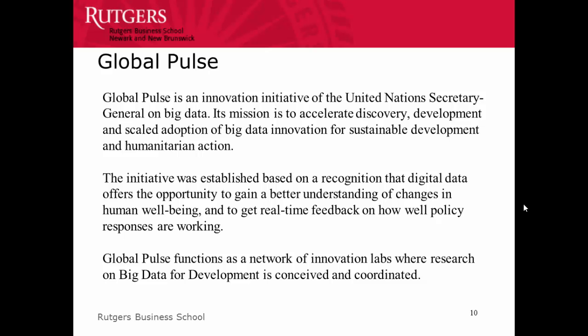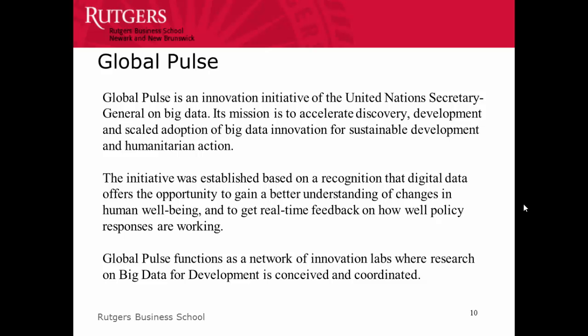Now let me share with you some examples of government efforts. This one is called the Global Pulse. Global Pulse is an innovation initiative of the United Nations Secretary General on Big Data. Its mission is to accelerate discovery, development, and scale the adoption of big data innovation for sustainable development and humanitarian action.